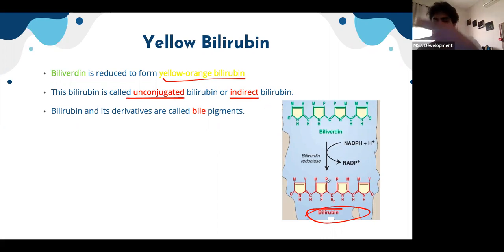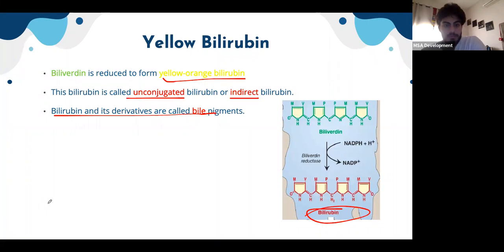So from biliverdin, it goes through biliverdin reductase to form bilirubin, and that bilirubin is the unconjugated bilirubin. And this will be important later when we talk about different diseases. Okay. And this is just a quick side note that bilirubin are called bile pigments. Why? Because after they go through the liver, they go through the bile and then into the small intestine. So they're called bile pigments or bile derivatives.